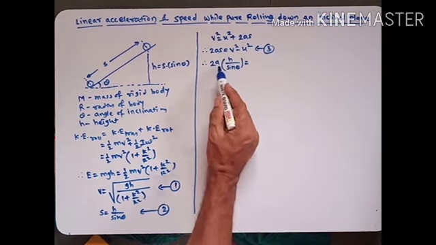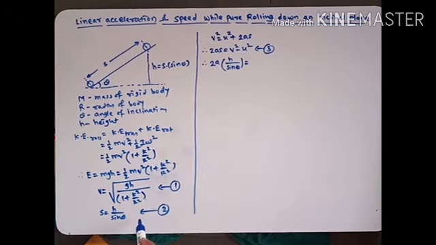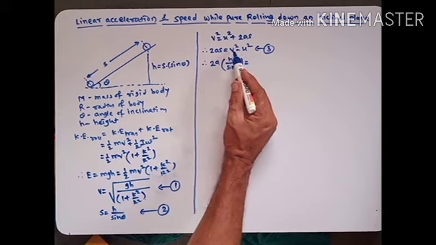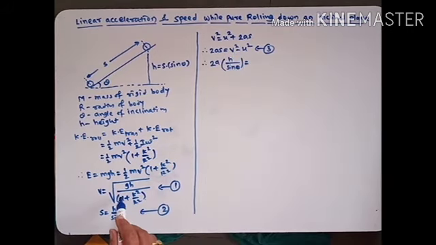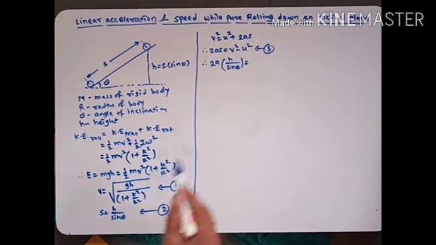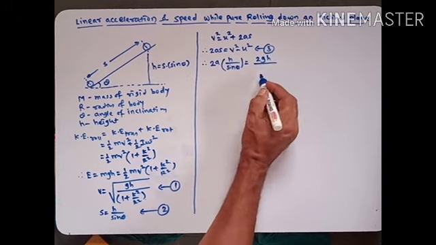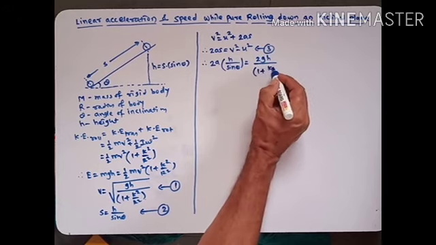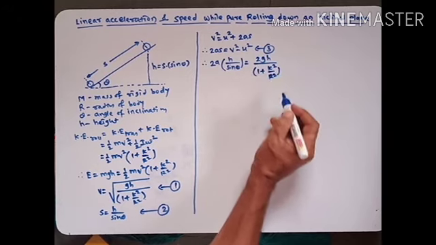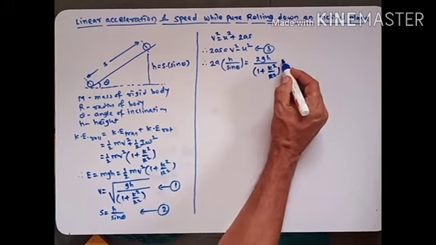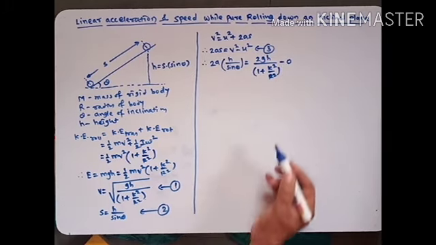Now put the value of s from equation 2 in equation 3, and put the value of v square from equation 1 in equation 3. We get twice a into h upon sine theta equal to twice gh upon 1 plus k square upon r square, minus initial velocity squared, which is 0.